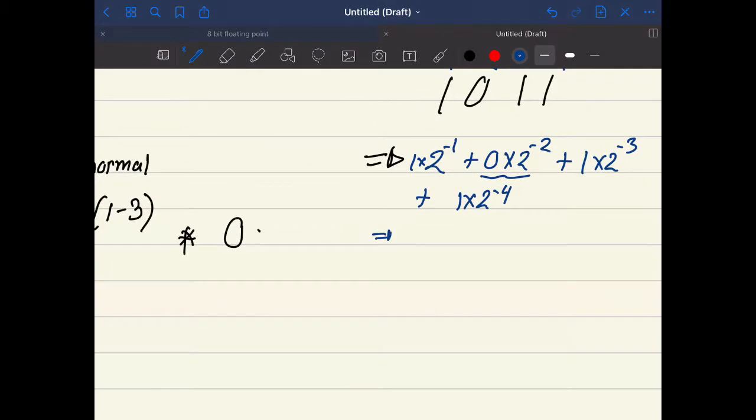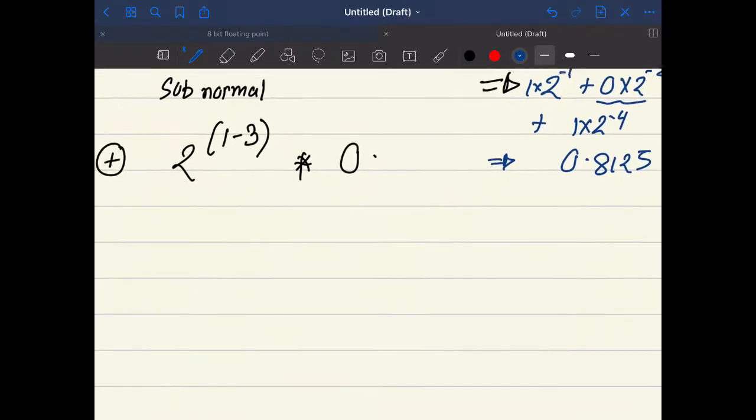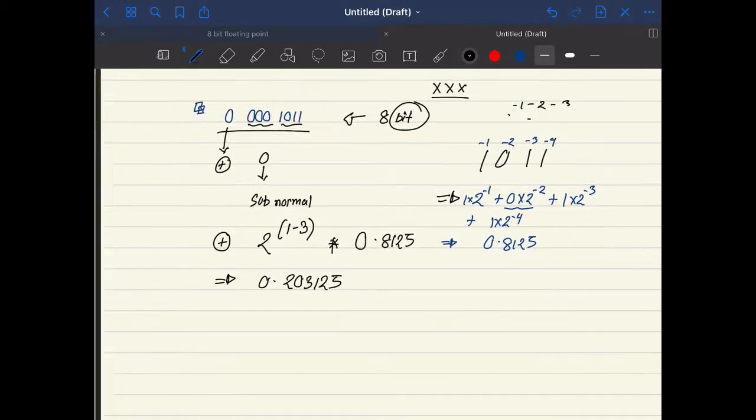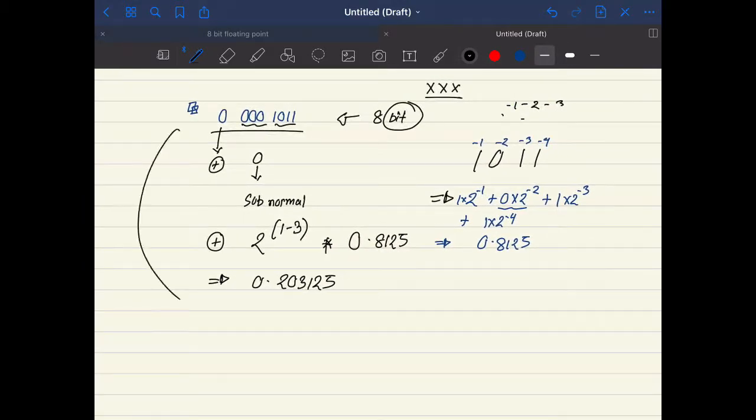So this would be giving us 0.8125 if we do all the calculations, and doing all the calculations we get 0.203125. So this is the fractional representation of this 8-bit number.